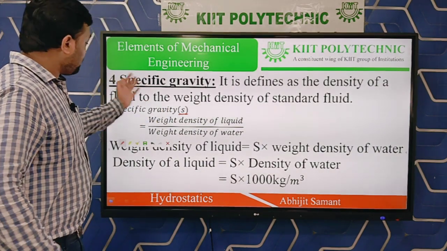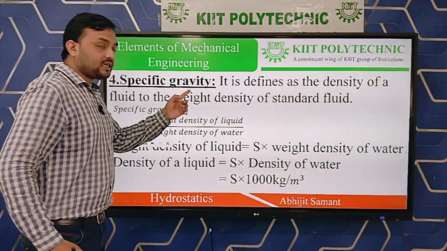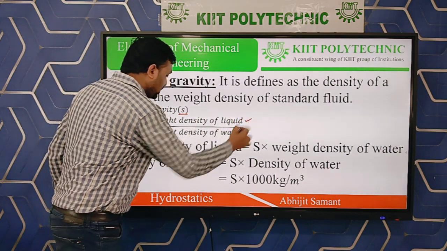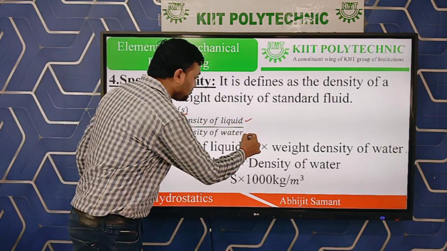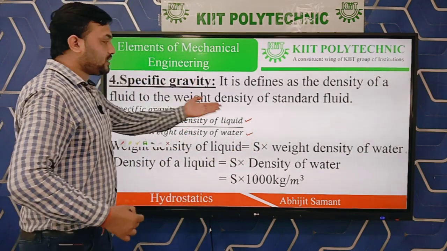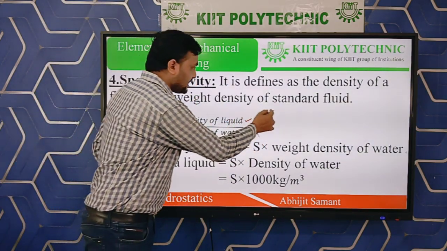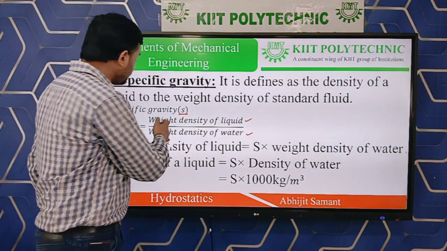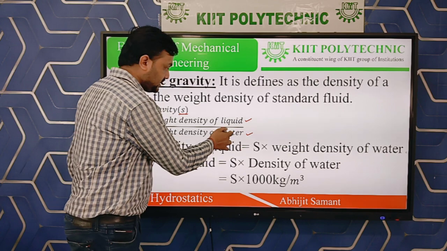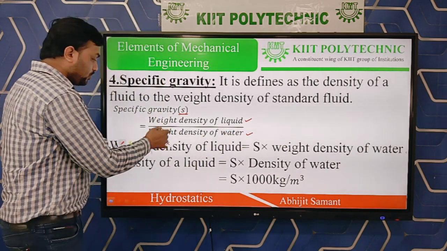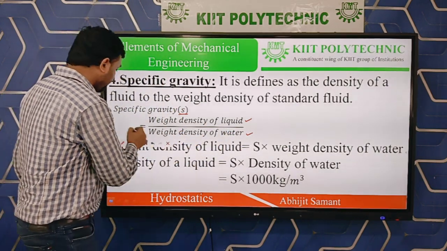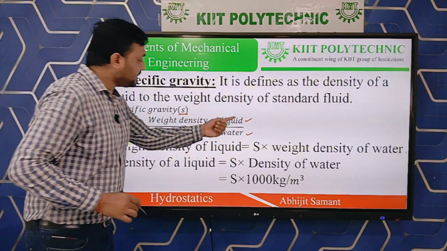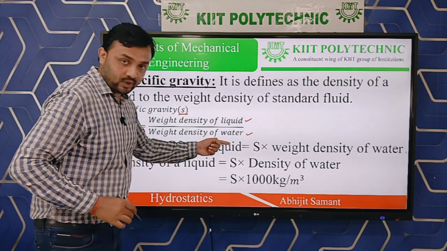So mathematically, how can we write specific gravity? We can write it as weight density of the liquid divided by weight density of water, which is the standard fluid. Here we are taking standard fluid as water. That's why we write weight density of water here. So S equals weight density of liquid divided by weight density of water.